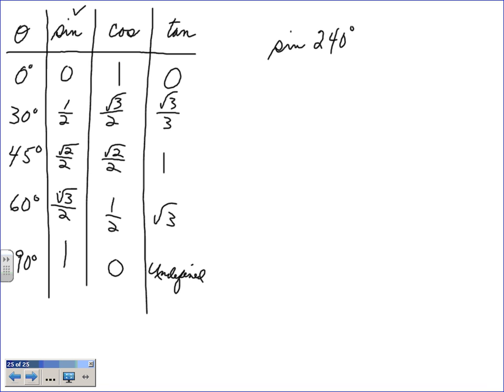But the reference angle is, what's a reference angle? 60. The reference angle is 60. And what's the sine of 60? Square root of 3 over 2. So what is this? What quadrant are we in? Where is 240? Third.